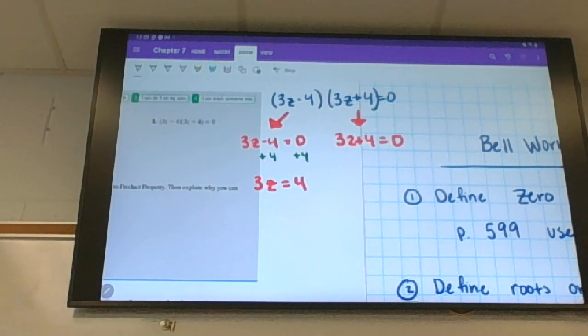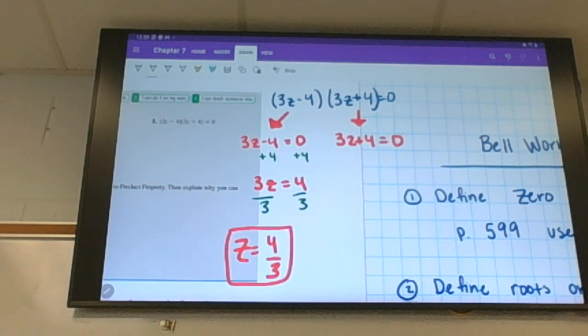It's 3 times z, so I do the opposite of times and I divide. Now I have a weird fraction answer, but that does happen. So that was just a 2-step equation. Can you just keep it at your proper fraction? Yeah, let's just keep it 4 over 3.